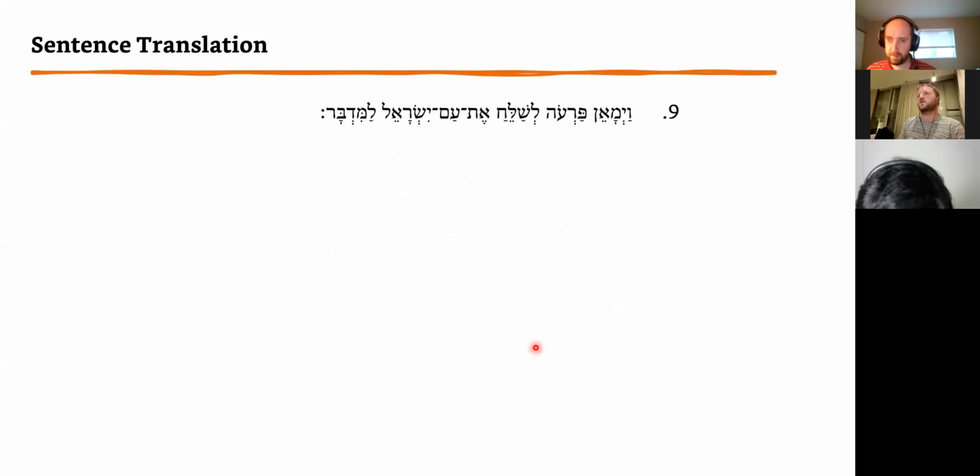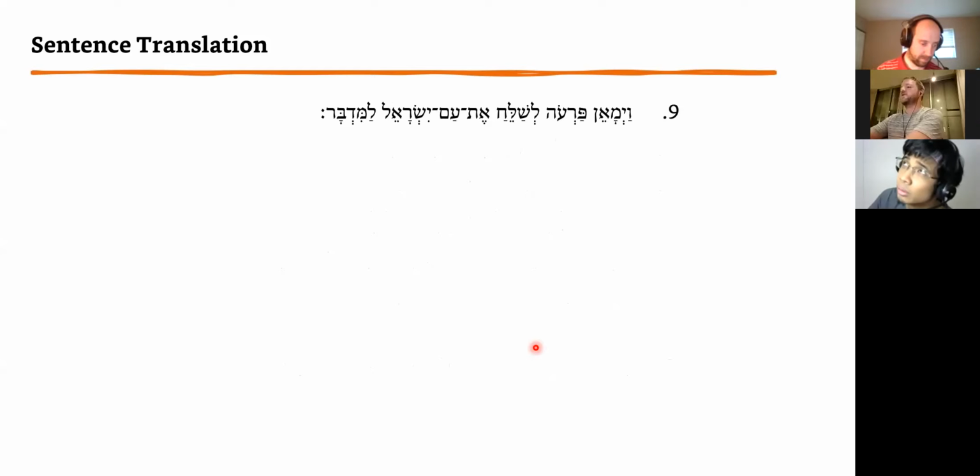The next one, instead of Vayishlach, we have Vayima'en. This verb Vayima'en is really nice in the Joseph story, where Potiphar's wife comes to Joseph and tries to seduce him, and it says that Joseph refused to do it.